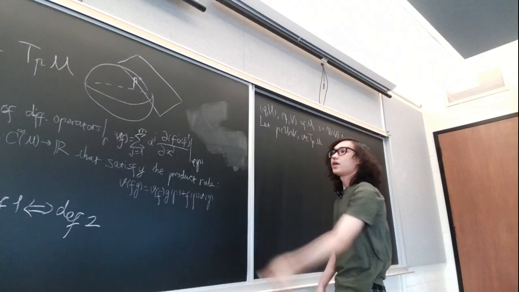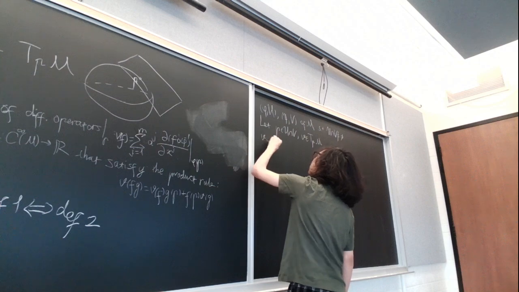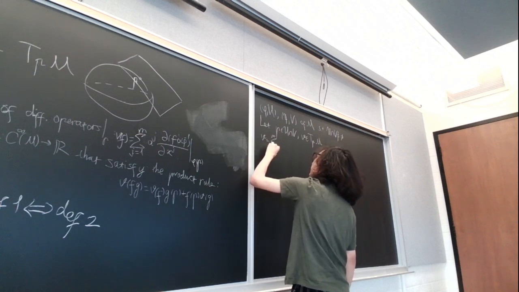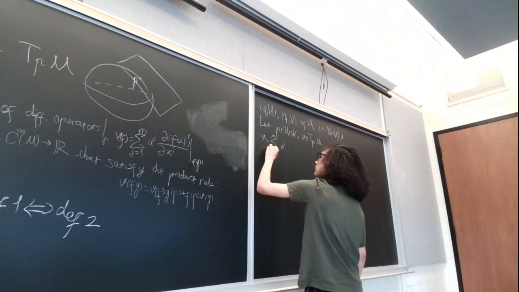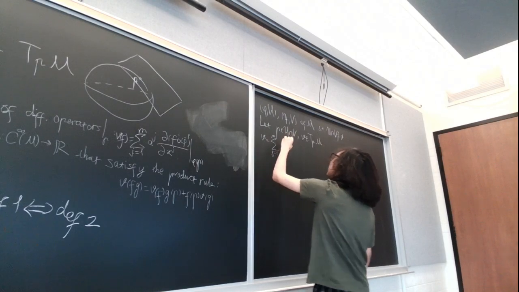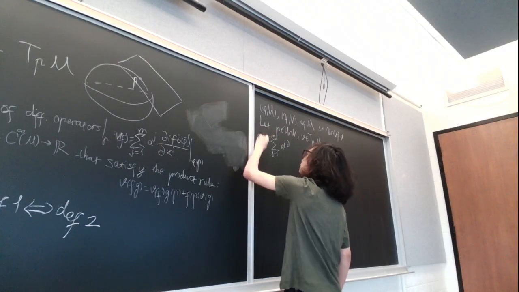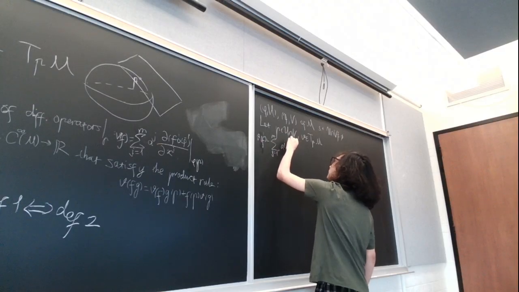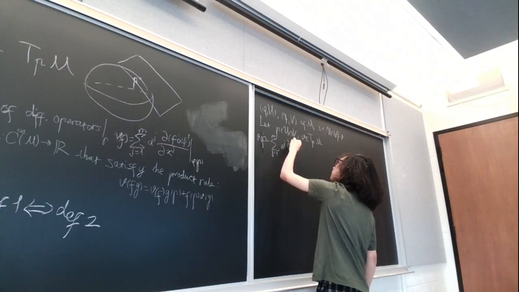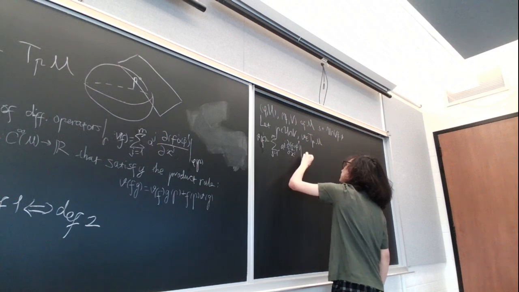Okay. By this first definition, we have that v acting on f is equal to a sum of a_j's, again a_j times the partial derivative of f of phi inverse with respect to x_j, evaluated at phi of p.